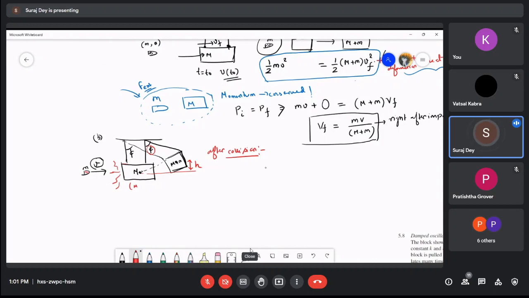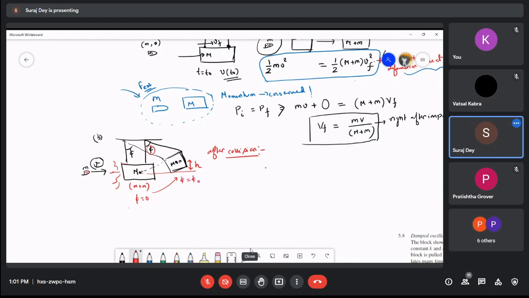Now we have this combined system, which moves from say phi equal to 0, because immediately at the point of impact this block won't move, it will move after some time. And so it went from phi equal to 0 to some phi equal to phi naught that you have measured.